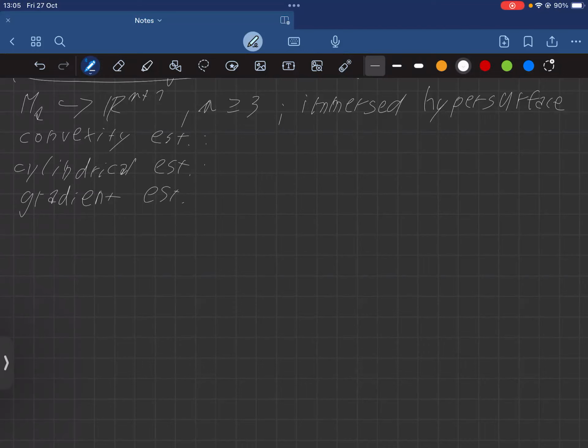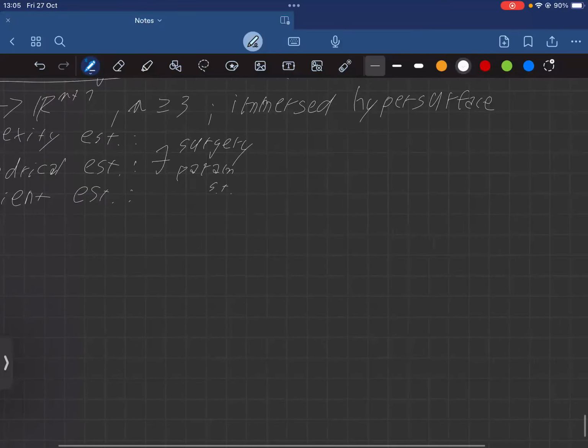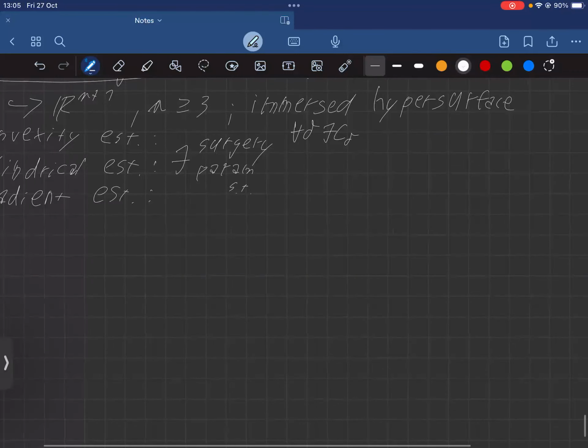And they all claim that basically there exist some surgery parameters such that, for the convexity estimate, for each delta, roughly, I'm not being very precise here, there exists some C delta such that our lowest eigenvalue is bounded from below by minus delta H minus C delta, where the C delta depends on the initial hypersurface.